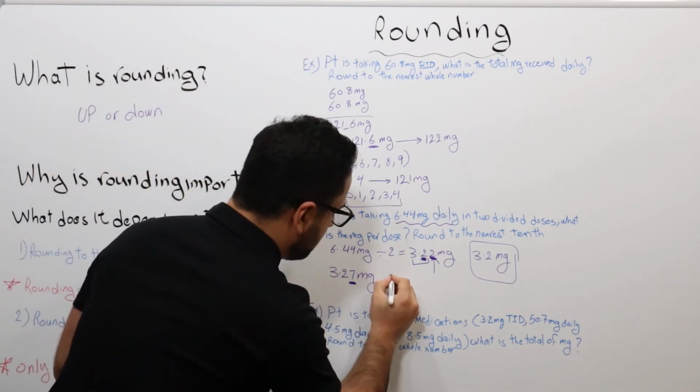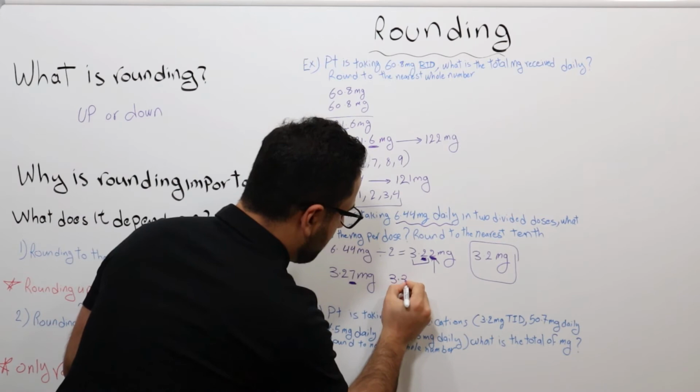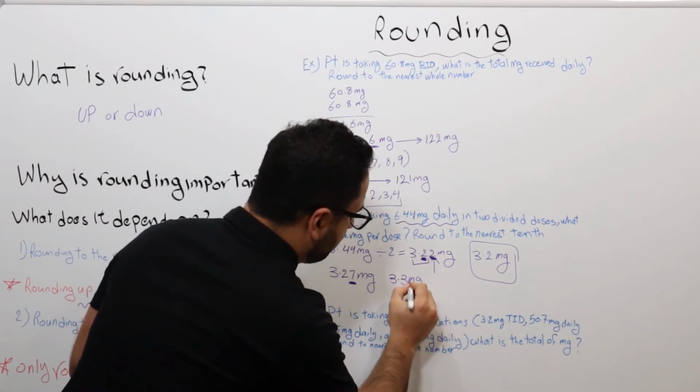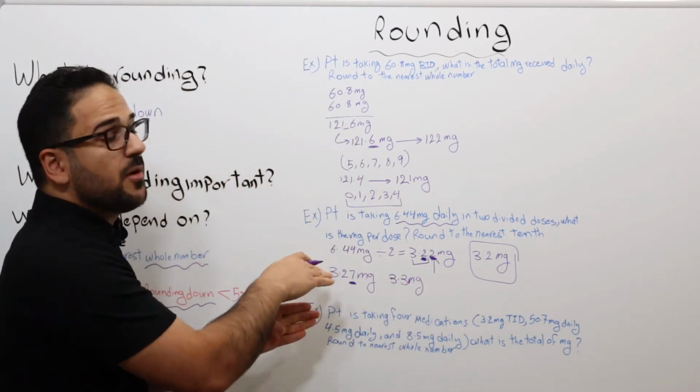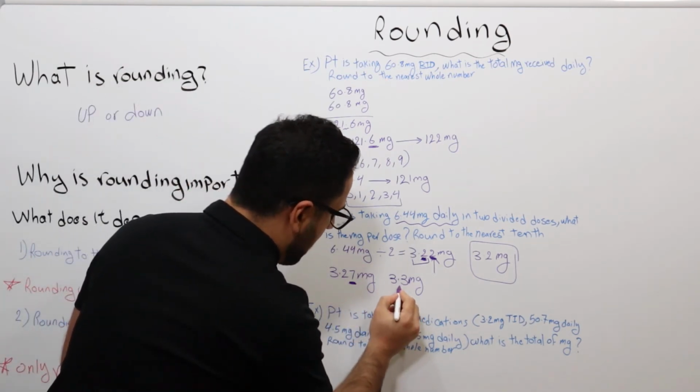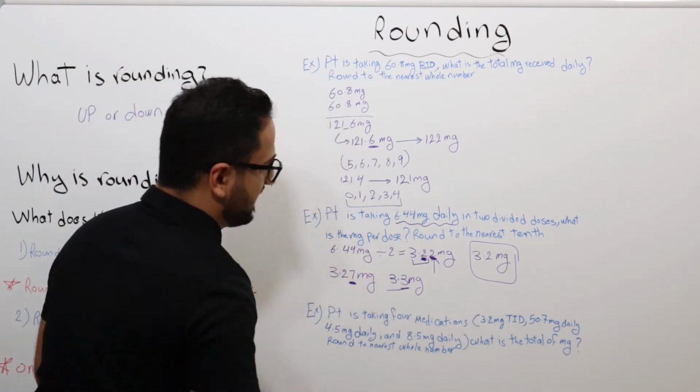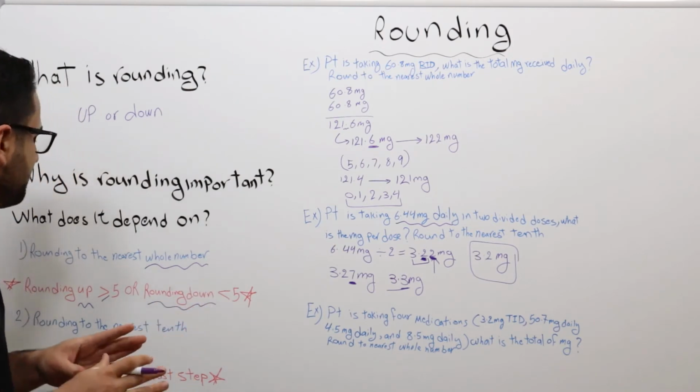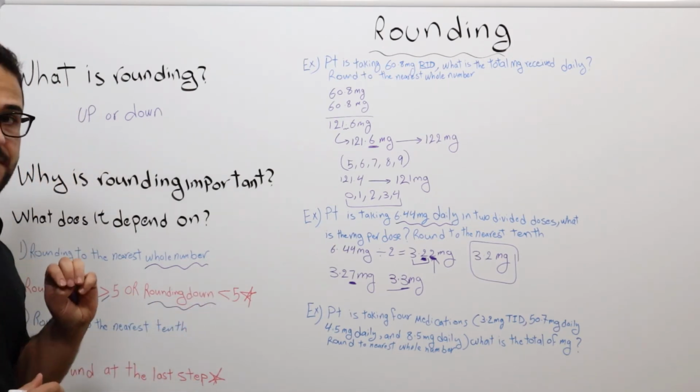So it's going to be 3.3 milligrams. We went up one number after the period, so one decimal place. That's what it means by nearest tenth.